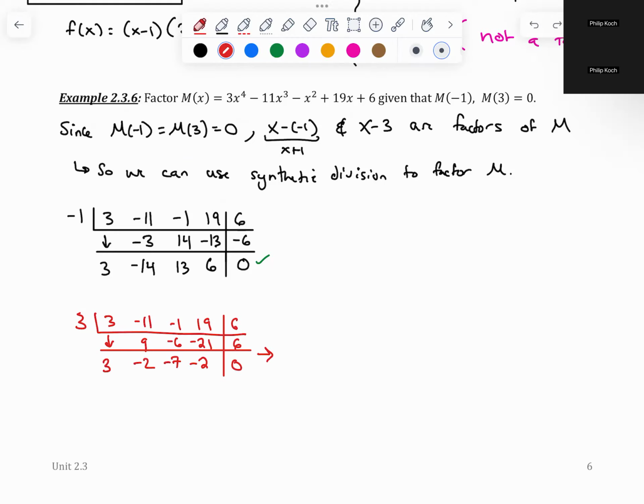Once again, don't write the thing I'm writing in red. I'm just letting you guys get finished with the synthetic division, and I'm going to talk about something.